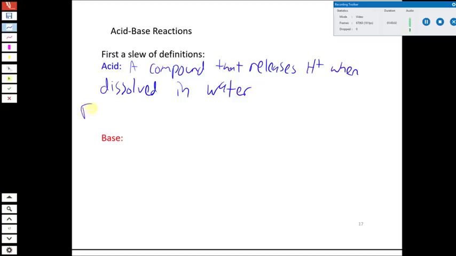So the formula, we've already talked about names and formulas for acids, so this is not entirely new either, is H with some subscript and then X. X is an anion, so it can be either a monoatomic anion like chloride, bromide, iodide, one of our binary acids, or it can be a polyatomic anion like nitrate, sulfate, and so on.